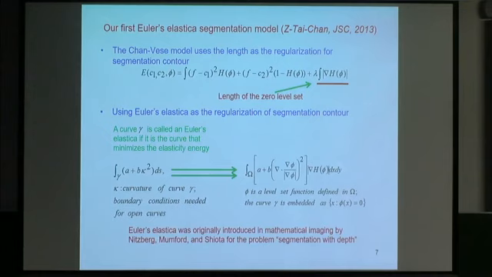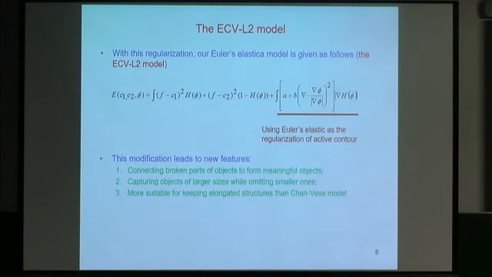Then we can rewrite this Euler elastica using the level-set method. Here phi is the level-set function, and this just uses the level-set setting to rewrite the Euler elastica, which we will use for our model. Almost 4 years ago we developed this model, using Euler elastica as the regularization to replace the previous Chan-Vese model.